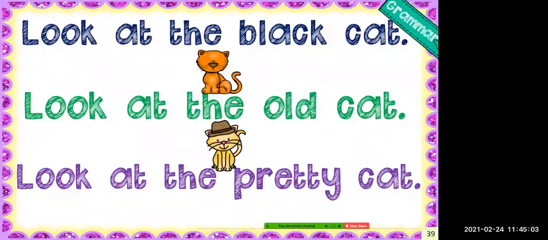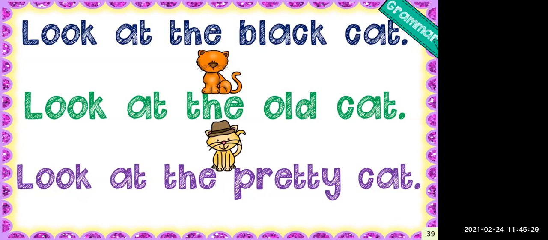Yes, it's black. Very good. What is the adjective in the second sentence that describes the cat? It is old. Good. And look at the third sentence. What is the adjective that describes the cat in the third sentence? Yes, it is pretty. Good.